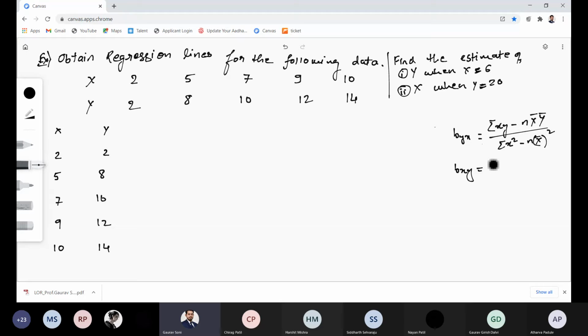And for bxy we have summation xy minus n times x bar y bar upon summation y square minus n times y bar square. So summation xy is needed in both of them. Summation x square is needed, summation y square is needed. Moreover, x bar and y bar are needed. So summation x, summation y, then we'll need x square, y square, and xy.